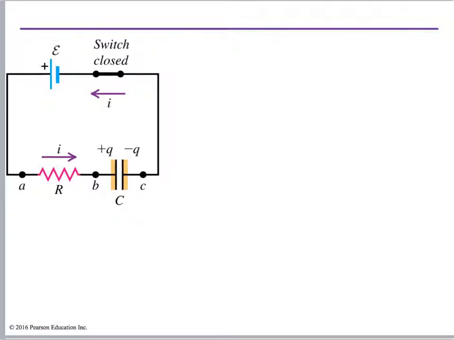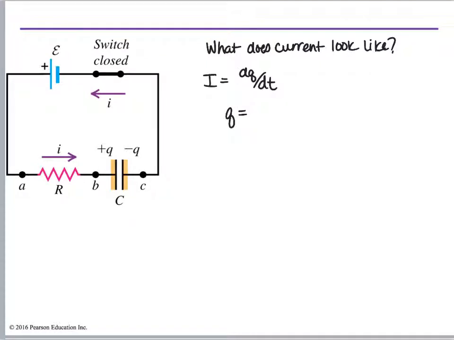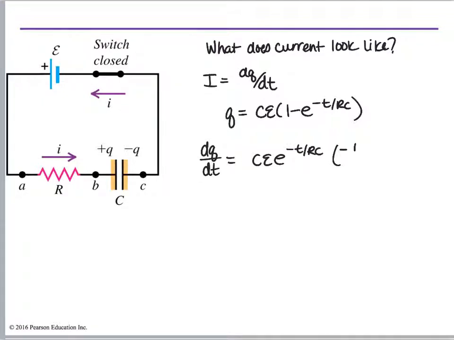And if we want to figure out what the current looks like, it's the derivative of charge with respect to time. So remembering that Q is equal to CE times (1 minus e to the minus t over RC), dQ/dt equals CE e to the minus t over RC times 1 over RC.